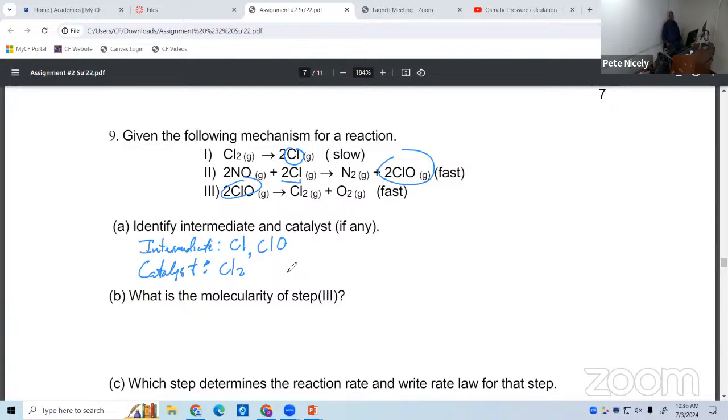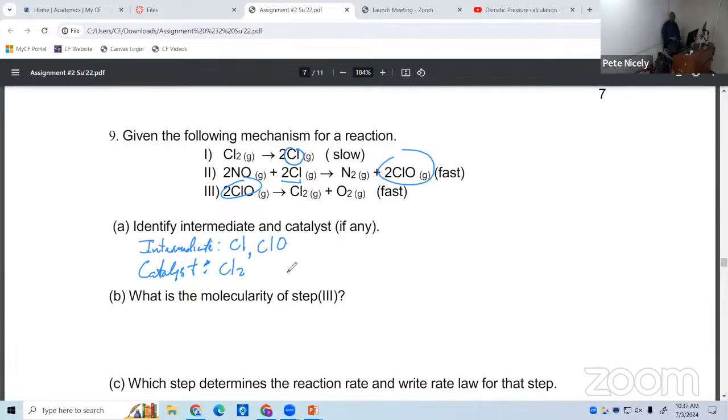Any questions about that? Yes, ma'am. Just to reiterate, the intermediates are like consecutive steps. Not necessarily consecutive, but subsequent. So you could have an intermediate produced in the first step, and then you could have 2, 3, 4 steps, and then the intermediate is used up. Sometimes that happens, right? As long as it's one before the other, but there could be some intervening steps.